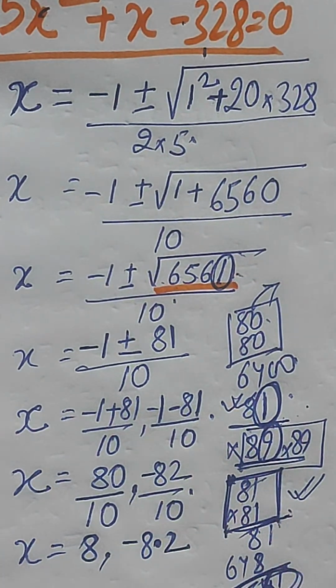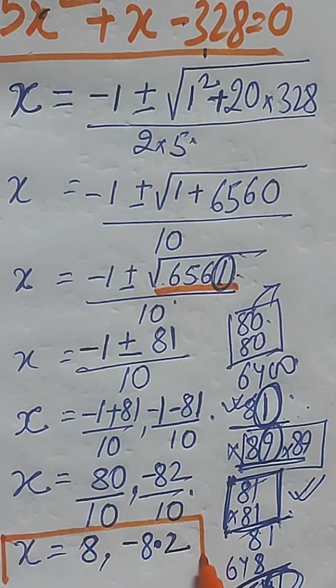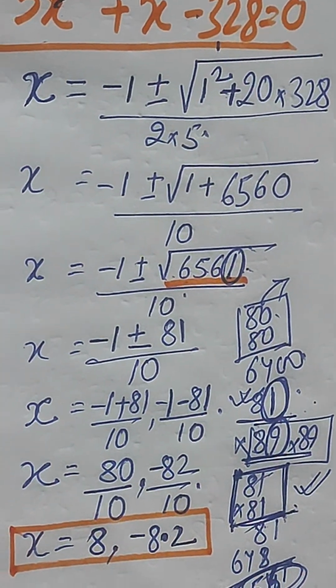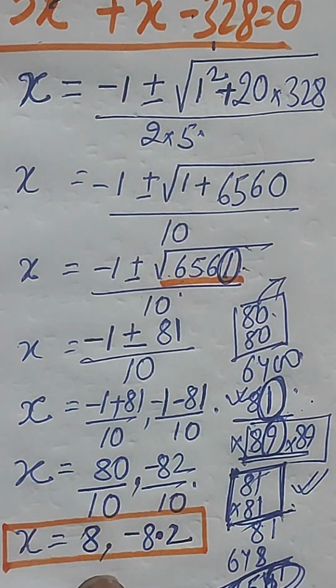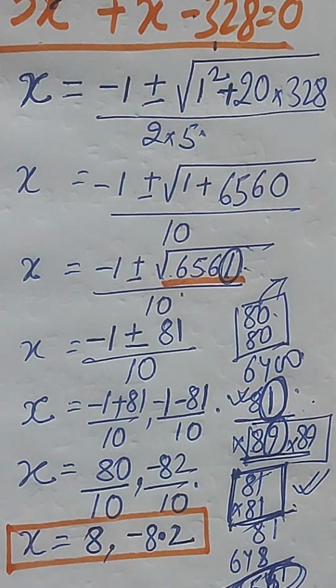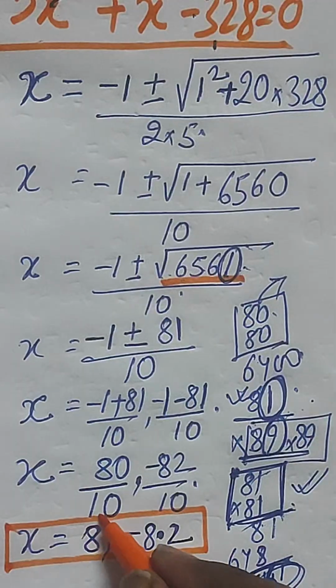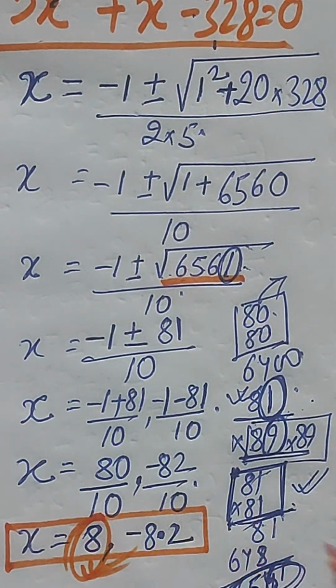So in this way we have solved the question, okay, and we have our values x equal to 8 and minus 8.2, but for the logarithm we will take only the positive values here, right?